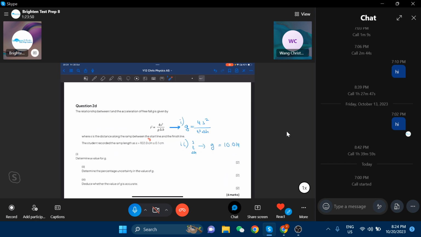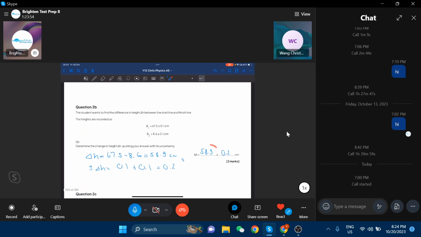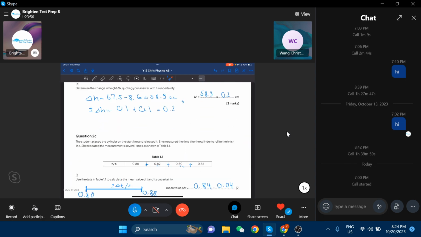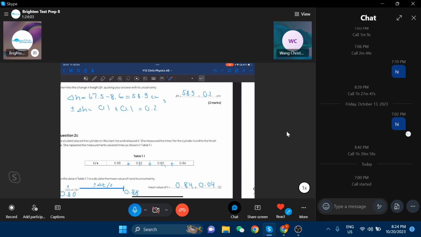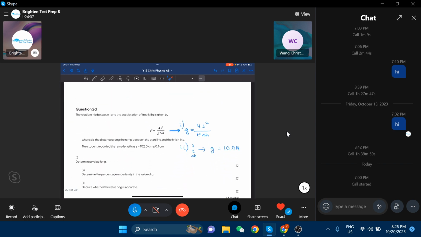You have 100.2, we had 58.9, and we had 0.84. So how do I reduce my value, or how do I adjust my value eventually? What is the value I should list?